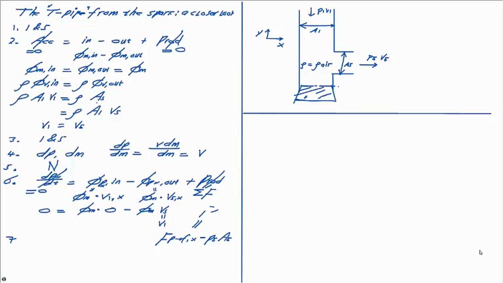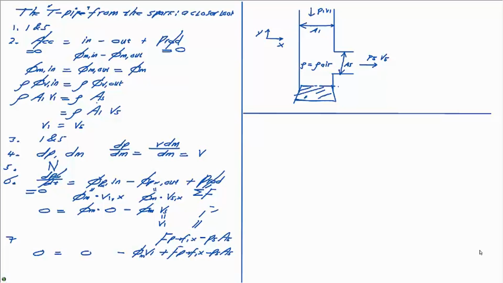Now if we put this in the momentum balance from above, we get 0 is 0 minus phi m v1 plus Fp on F in x minus P5 A5.